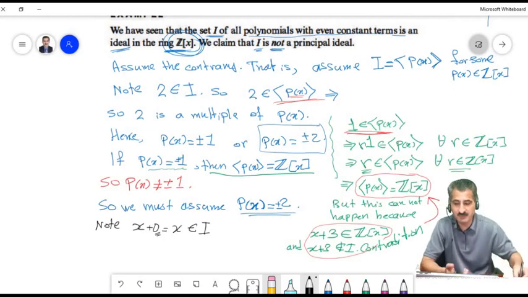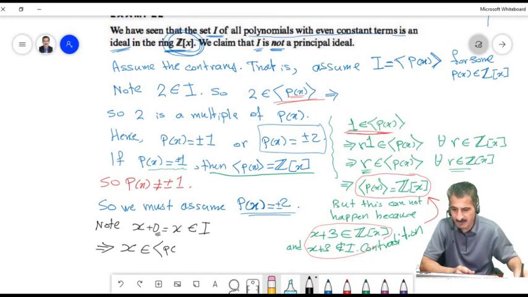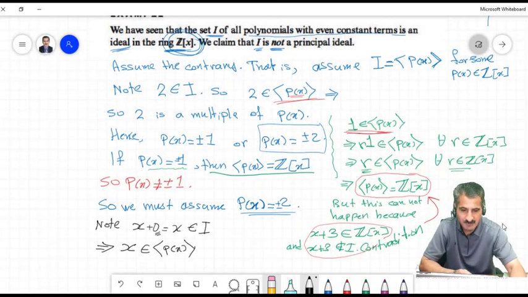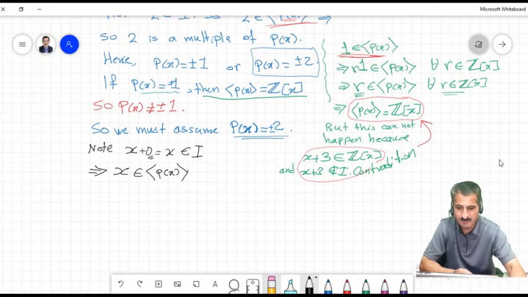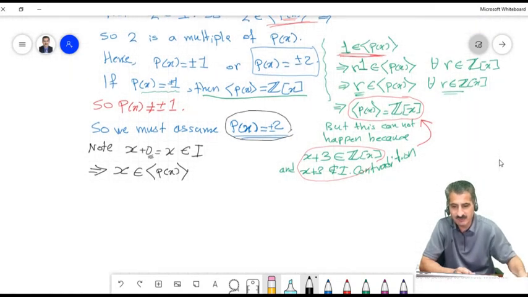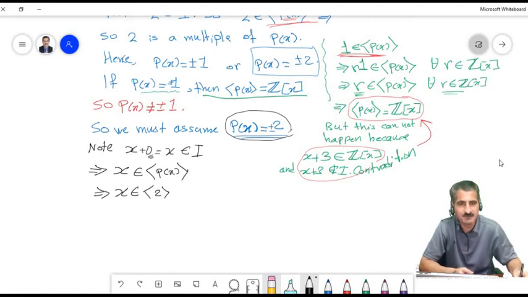So x belongs to I. That means x must belong to the ideal generated by p(x), which is now forced to be 2. That means x belongs to the ideal generated by 2. How could this be possible? Ideal generated by 2 means all multiples of 2, and the multiples are from Z[x], right?